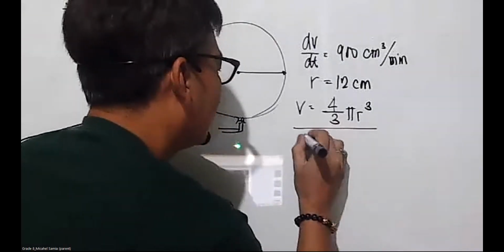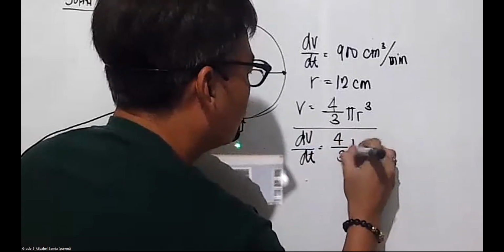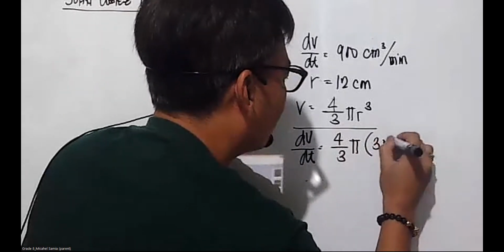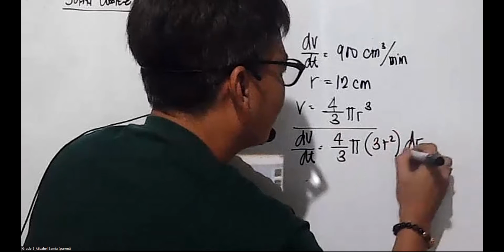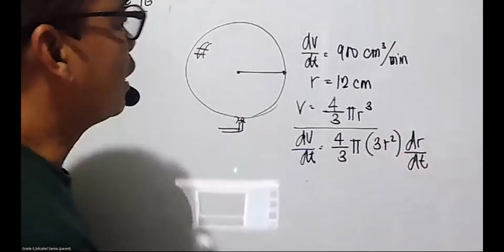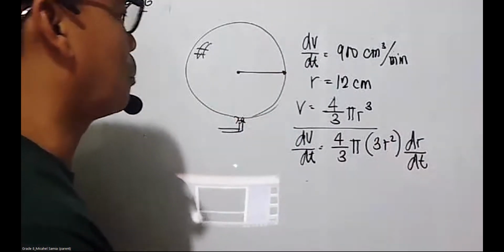We have dV dt equal to 4/3 multiplied by pi, and then the derivative of r cubed is 3r squared, and then your change in radius, which is dr dt.